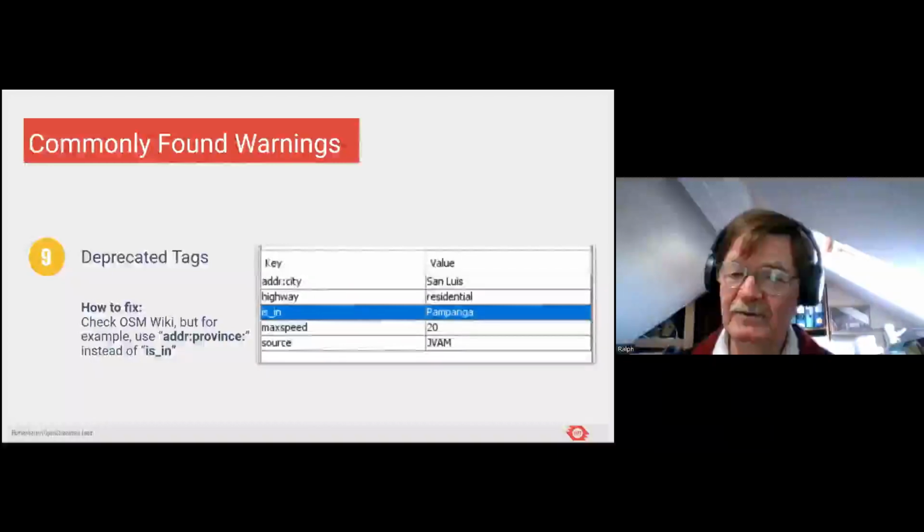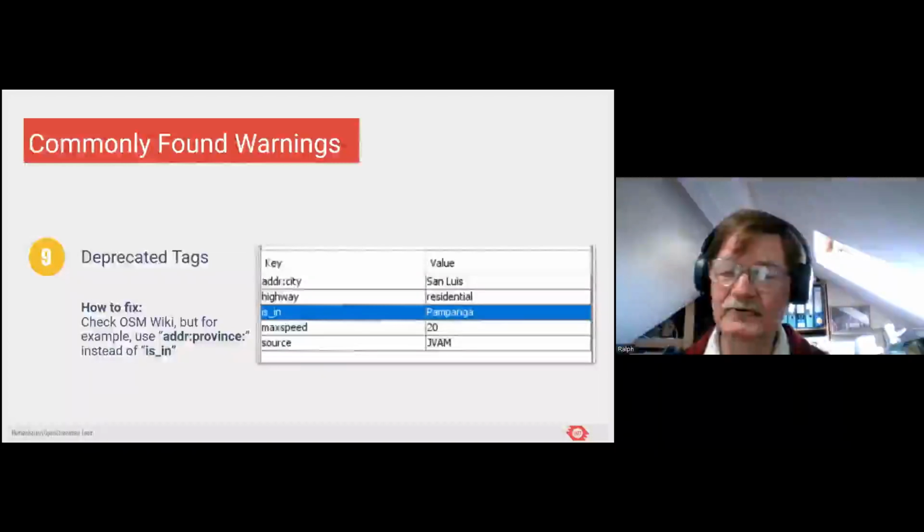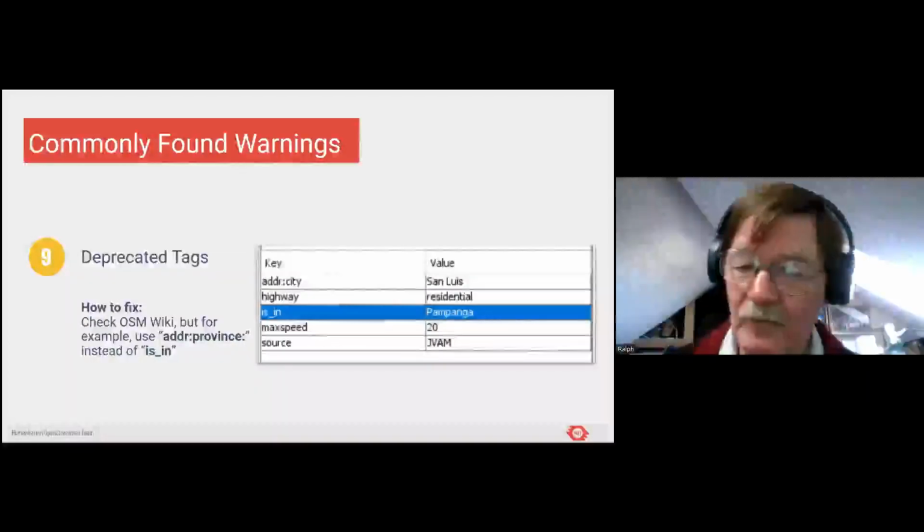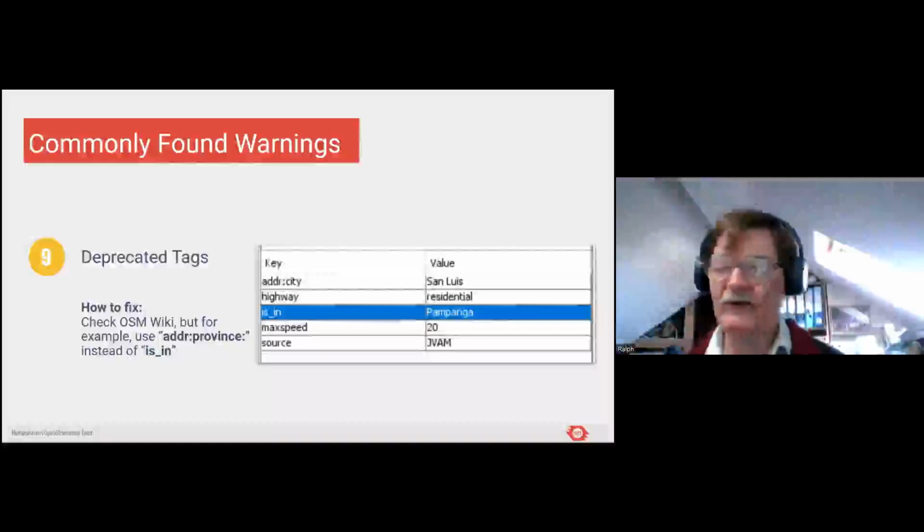That has been deprecated, and they now want us to use natural equals water, water equals river. And that way, they've now deprecated the waterway equals riverbank. That doesn't mean that waterway equals riverbank is incorrect. It's just old tagging. So let's try and keep the more modern tagging if need be.